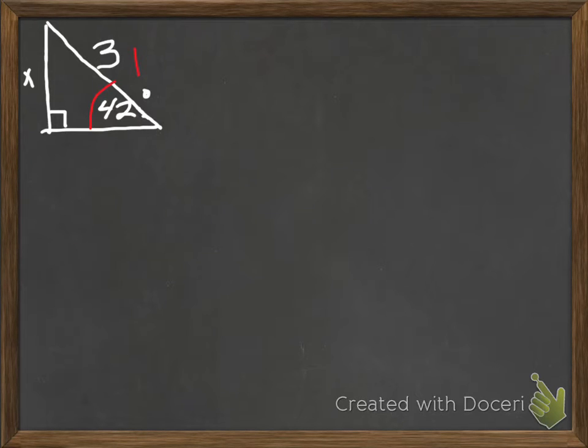Across from the 90-degree angle is the hypotenuse, and the other angle that we know is 42 degrees. In between the right angle and the reference angle is the adjacent. Across from the 42-degree angle is the opposite.